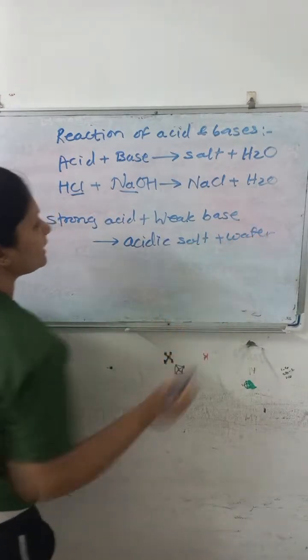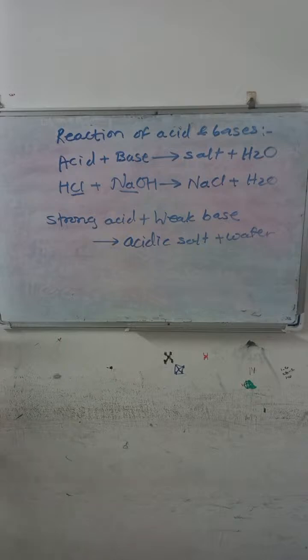Very important reaction. In MCQ assertion reason, 100% this kind of question will come. Strong acid reacts with weak base, then it forms acidic salt and water. And if weak acid is there and strong base is there, then the output is basic salt plus water.